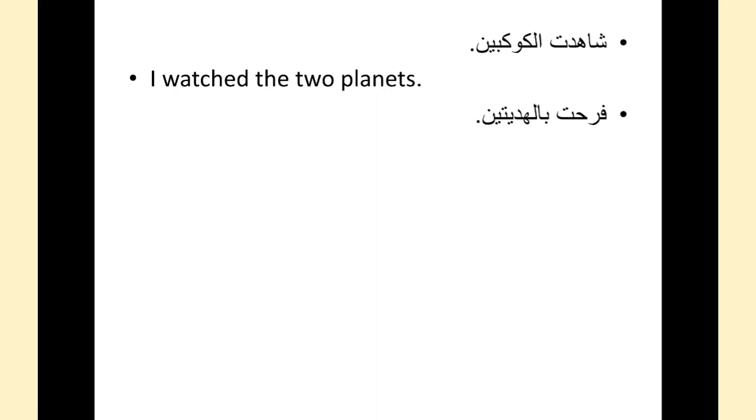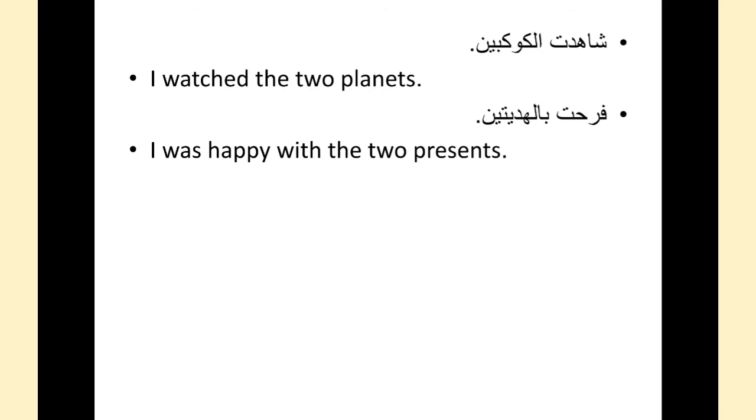More examples. شاهدت الكوكبين, which means I watched the two planets. The two planets here means in Arabic الكوكبين. There is ya wa noon at the end. فرحت بالهديتين, I was happy with the two presents. الهديتين means the two presents.